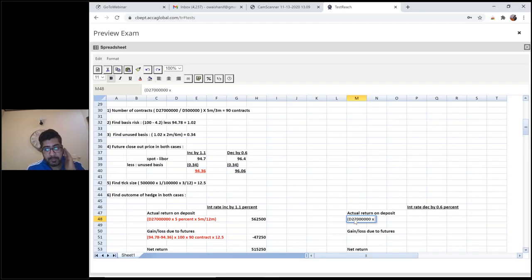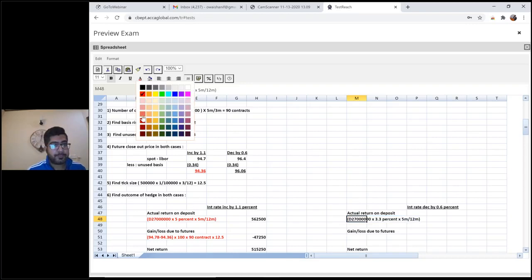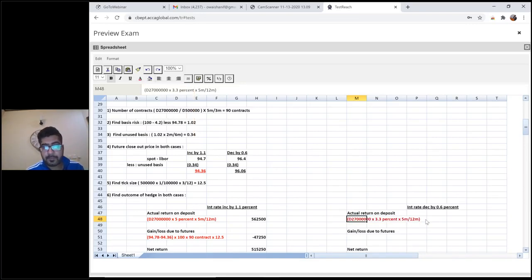At 0.3% less, 30 basis points less, it's 3.3%, into time period 5 months over 12 months. This makes it 371250. You already got this in FRAs as well.